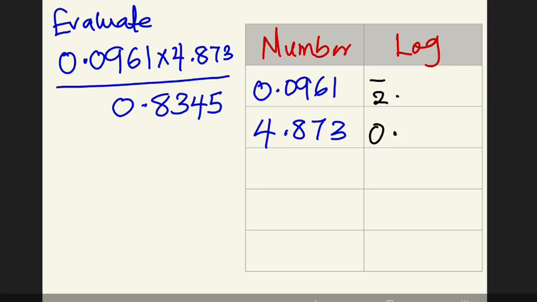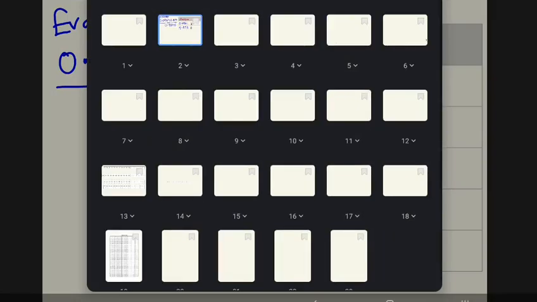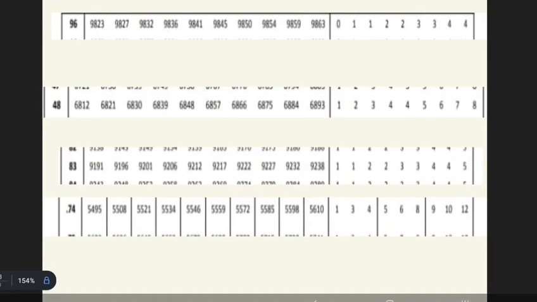Now what we are going to do is find the logarithm of 96 under 1. So 96 under 1 is 9827. That is just the logarithm.